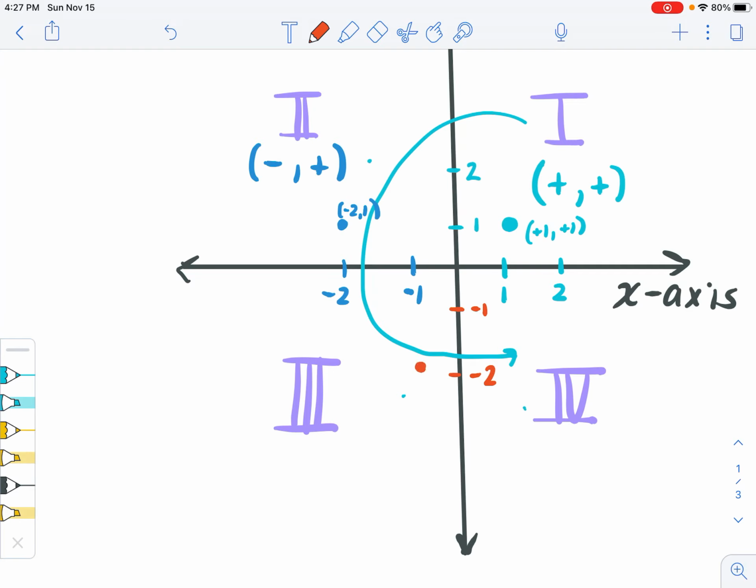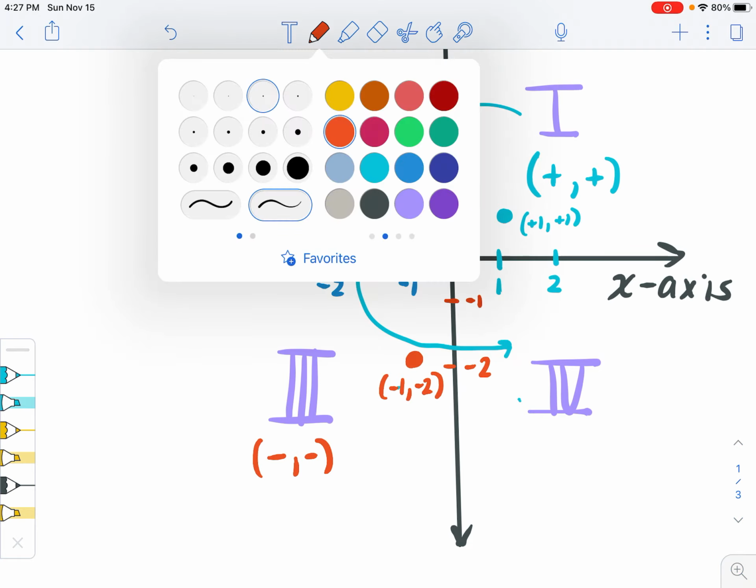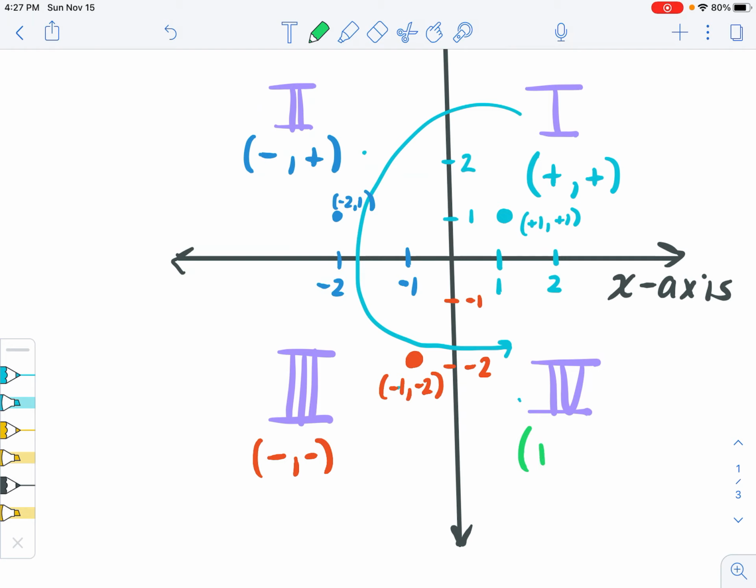Our example here would be (-1, -2). And our example over here, in quadrant 4, would be a positive x value and a negative y value. I'll do this point right here, which would be (2, -2). So those are 4 different examples.